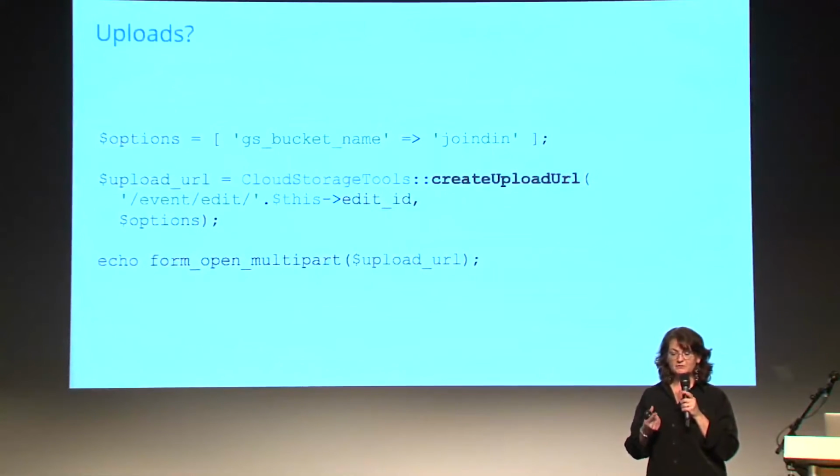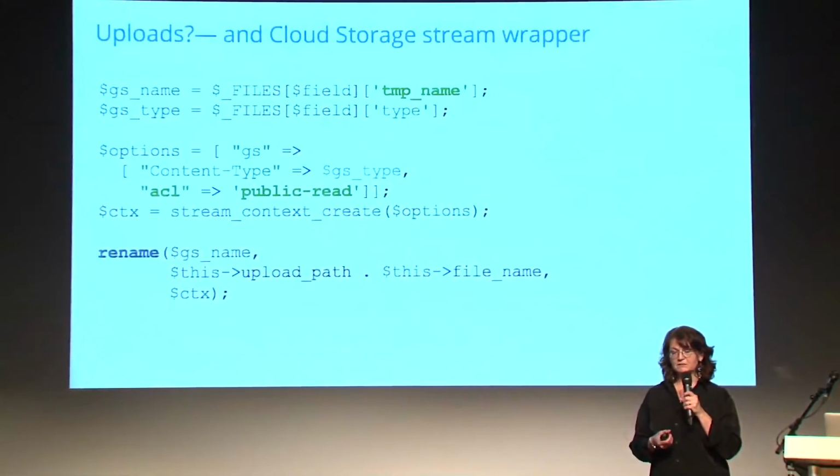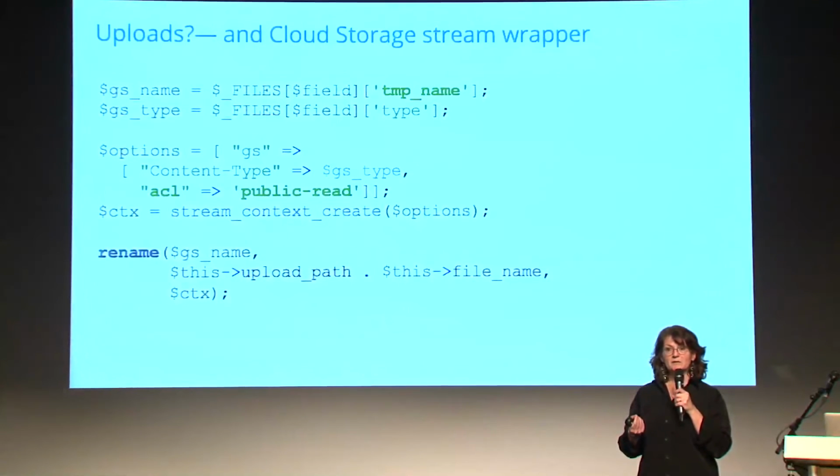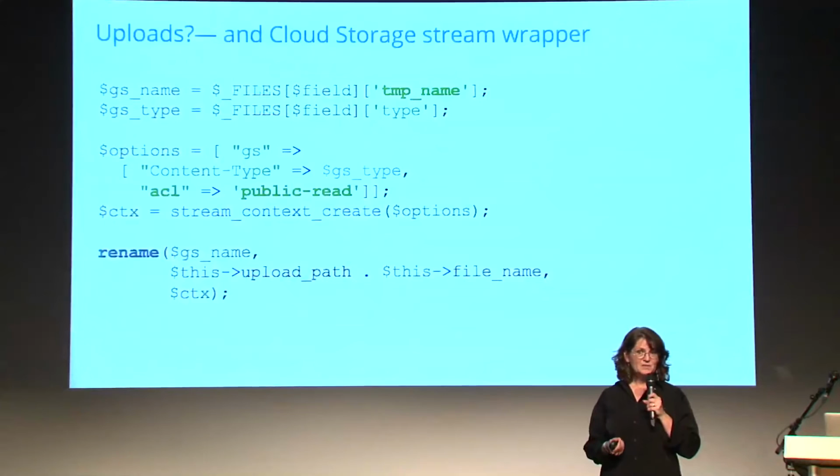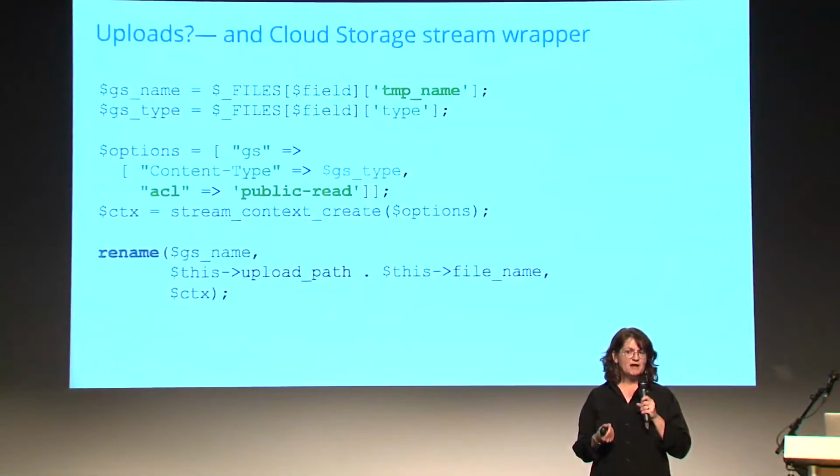So create upload URL generates a URL. We use that URL as the action of our form post, and then when the upload completes, this callback URL is called as a post request, and from the files superglobal, you can grab the temporary name in your cloud storage bucket of where the file was uploaded. And once you have that temporary file name, then you can do whatever you want with it. And we provide stream wrappers for cloud storage.